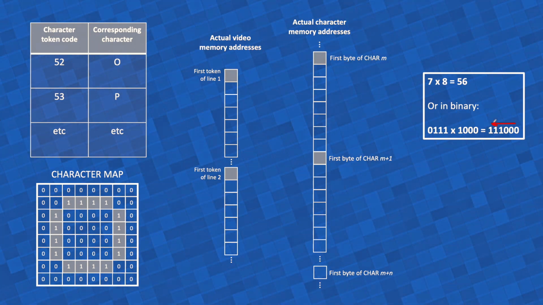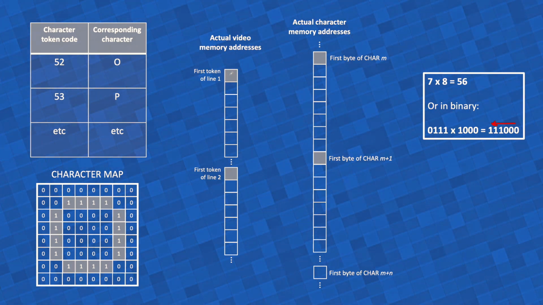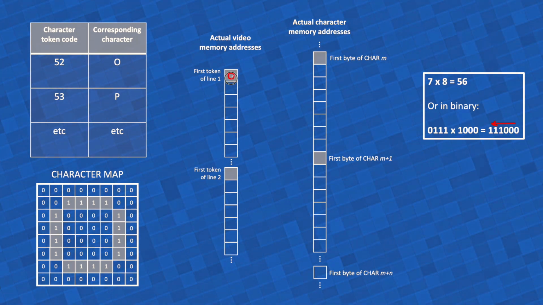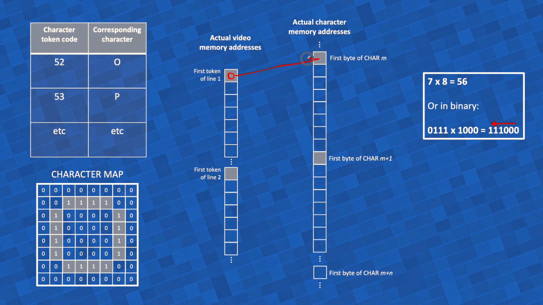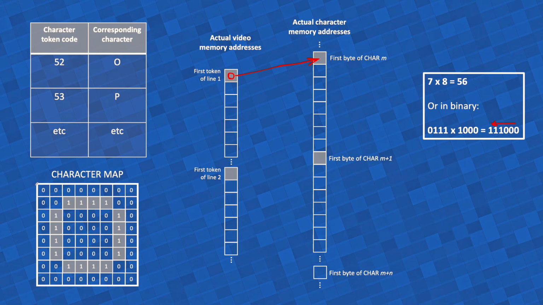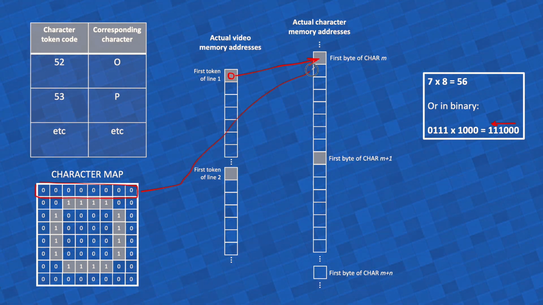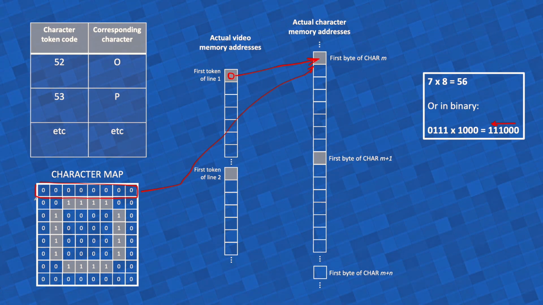And that's not the only advantage. Remember, if this token points to this address in the character memory, in order to print on the screen not only the first byte, which is the one in this address, you have to print the other bytes as well.